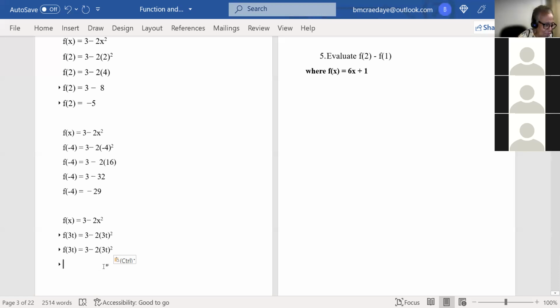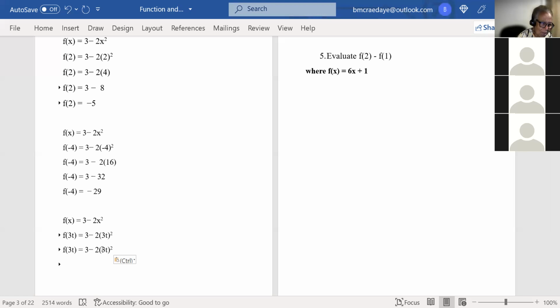What, Latoya? What's 3T squared? 9. You've got to square the T and square the 3. So what does that give you? 3T times 3T. 9. 9 what?